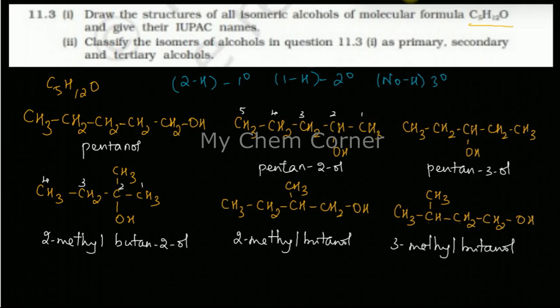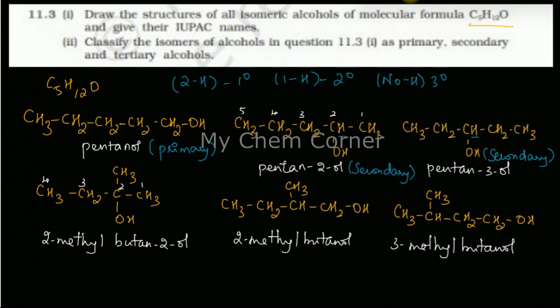Now let's keep this in mind and do it. Carbon is bonded to OH. This carbon has 2 hydrogens. Which one is it classified as? This is going to be a primary alcohol. Next one. Carbon is bonded to an OH. This particular carbon here has only 1 hydrogen, so it is a secondary alcohol. Then, in the third one, carbon is bonded to an OH with only 1 hydrogen. This is also a secondary alcohol.